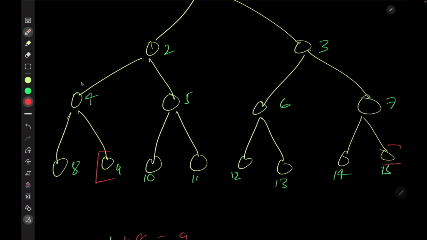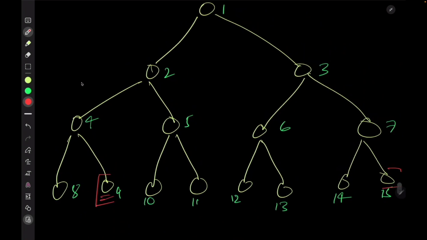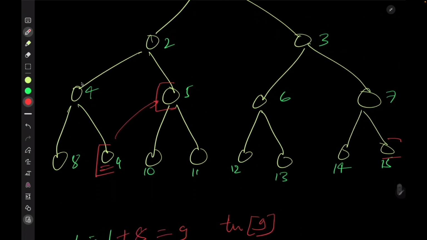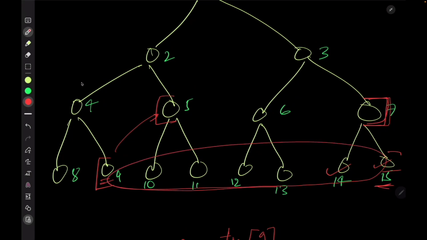Now we will take the value of index I for L and jump here. For R, we won't take the value of 15 because we need the value of both of these, so we'll directly jump here. Because we need the elements in this range, that's why.